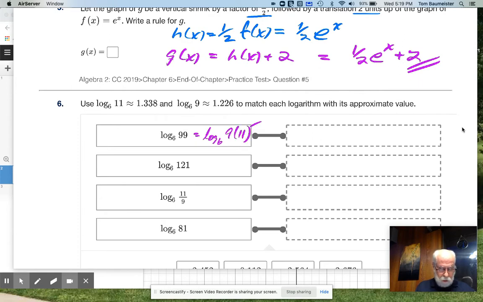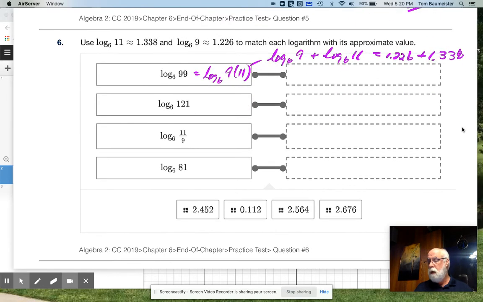And remember, when I'm multiplying, I can write that as log to the base 6 of 9 plus log to the base 6 of 11, which in this case would be 1.226 plus 1.338. If you work that out, you get, what did I get?